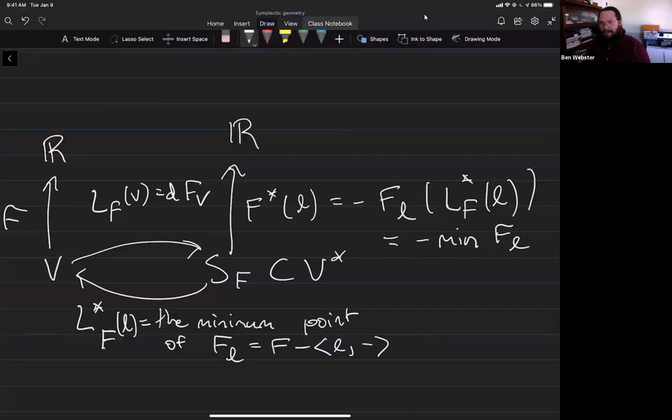These guys will swap. There's sort of a minor asymmetry in the fact that I have to take this stable set, but it's fixable. I could be very careful and make this symmetric, but let me not worry about it.